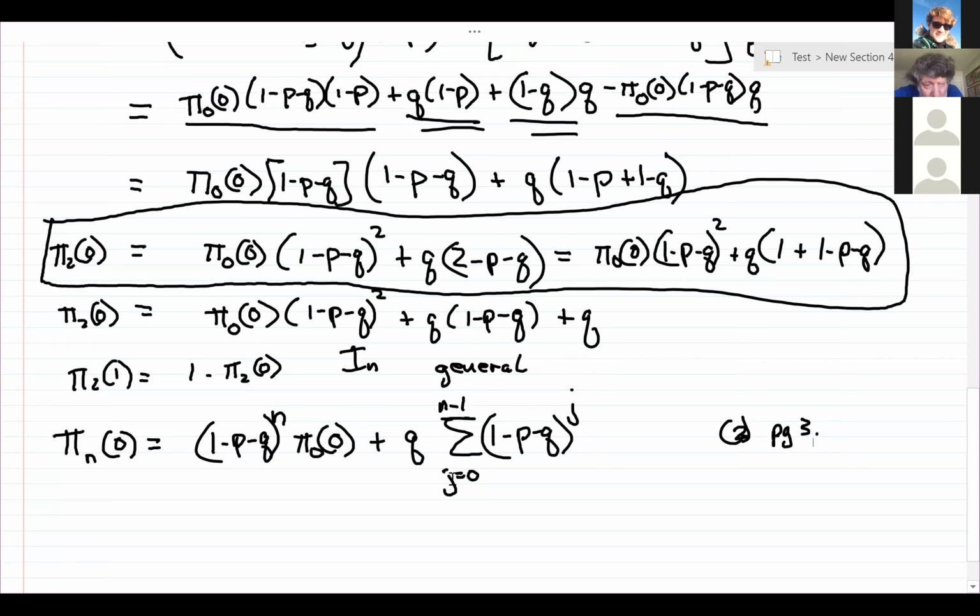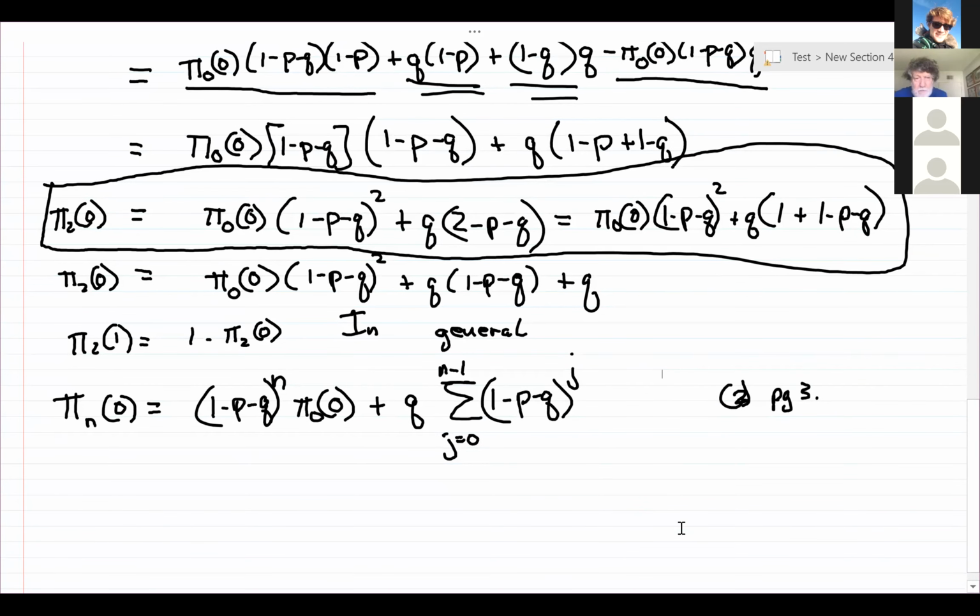Okay, so what's the story? This formula agrees with the two that we have. So they saw a pattern. They saw a pattern how this would progress in general. And the pattern is basically, let me see if I can summarize the pattern.